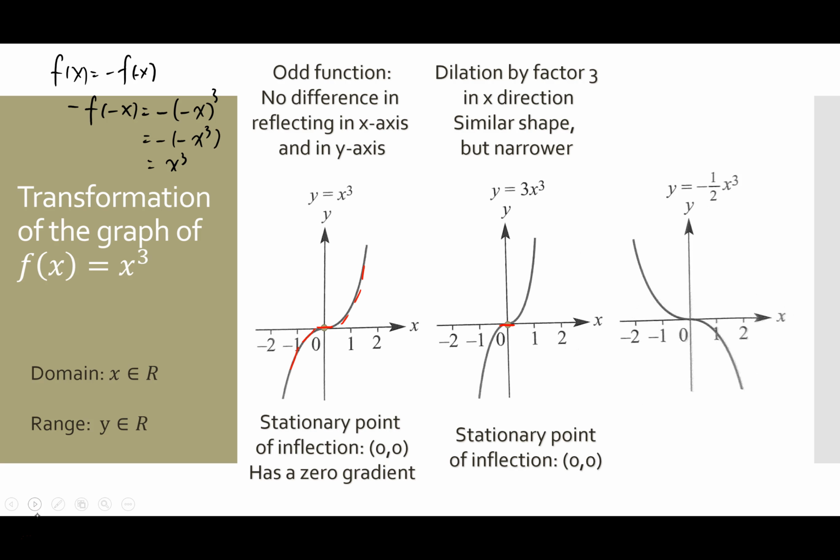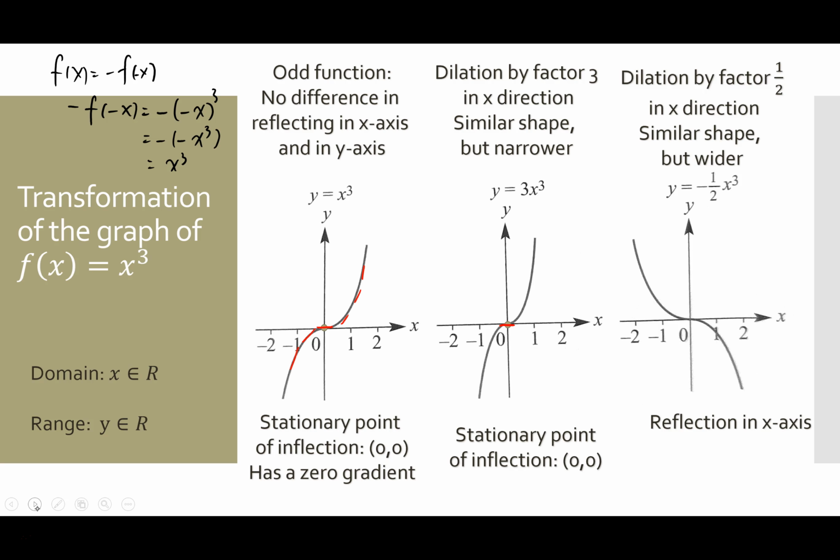In the last graph, there's a dilation by factor 1/2 in the x-axis, and also a reflection in the x-axis, or you can say the y-axis because it's a function, so it doesn't really matter. Again, the point of inflection is still at (0, 0), with a horizontal tangent.